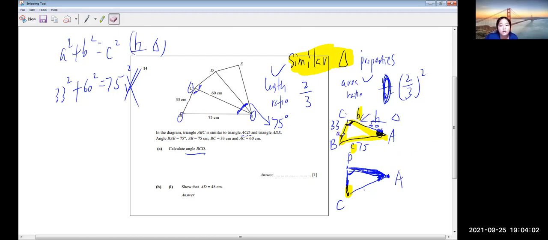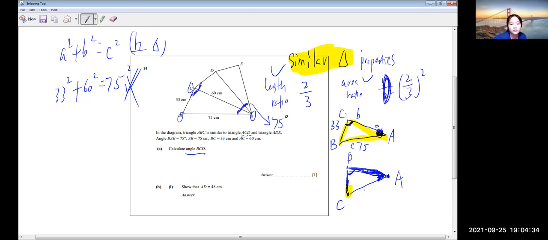Then we do it another way. Do you have any other way to find the angle? You want to find this whole thing, angle BCD.